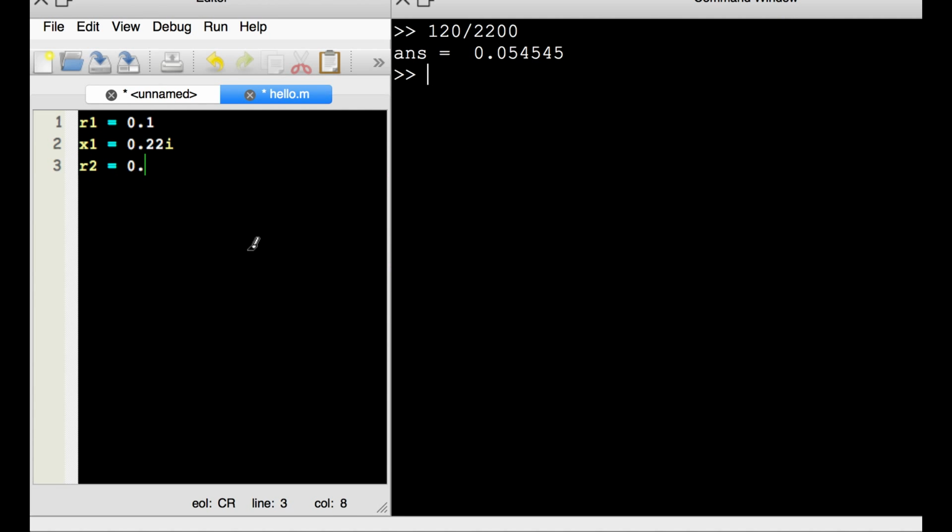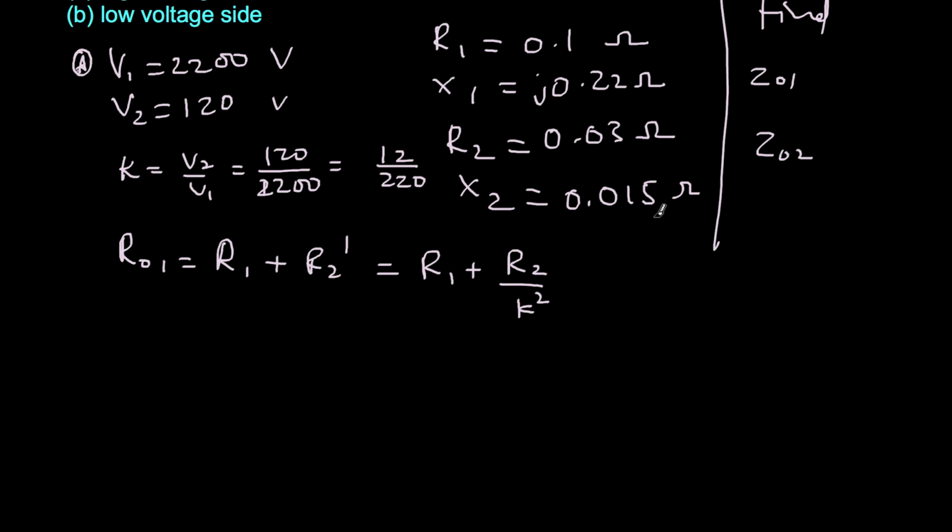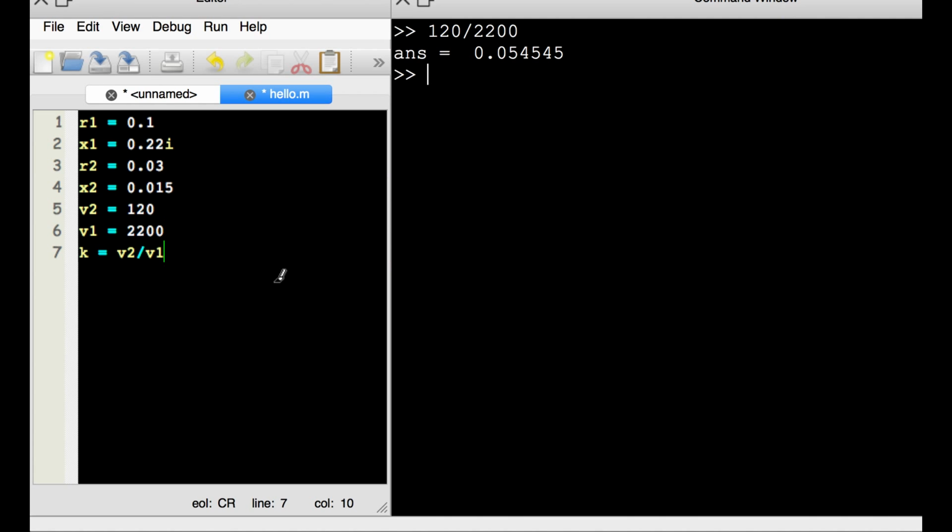R2 is 0.03 and X2 is 0.015. So I have defined these parameters. Now K is V2 by V1, where V2 was 120 and V1 was 2200. Let me just check it. Yes, so K is also defined.